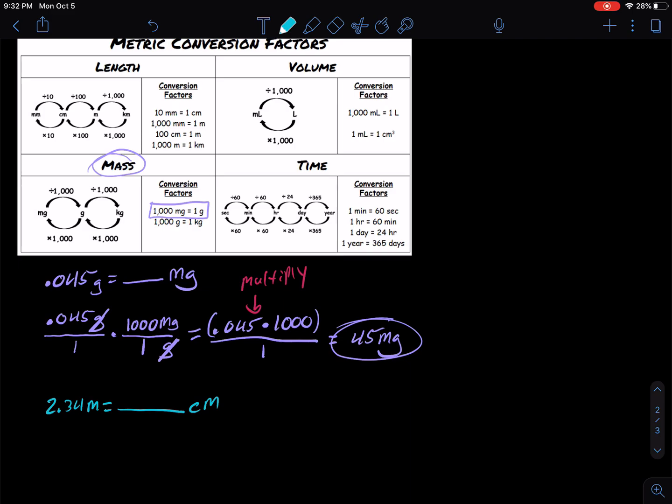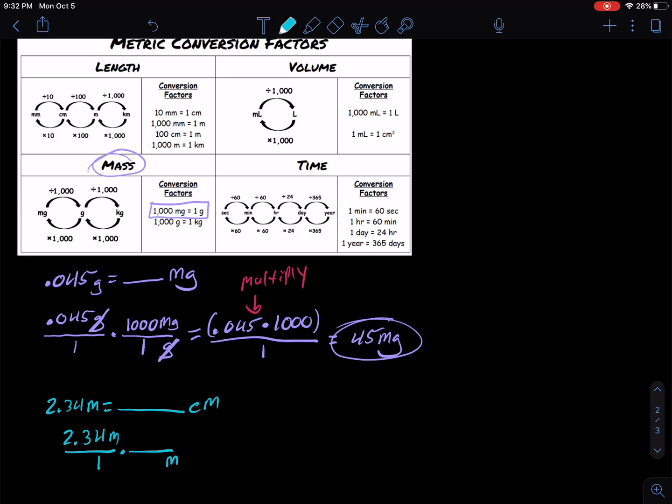Solve this problem. What you find out is if we're going to take 2.34 meters, set it over 1, meters in the numerator, meters in the denominator.